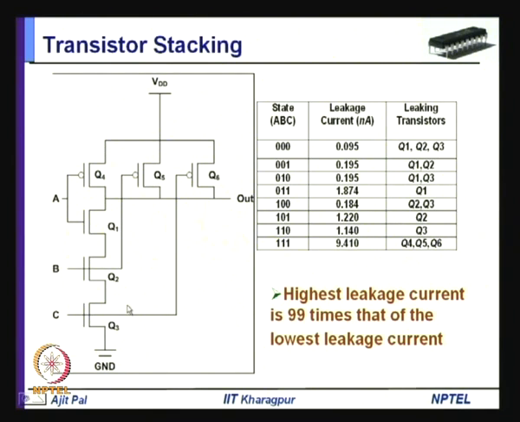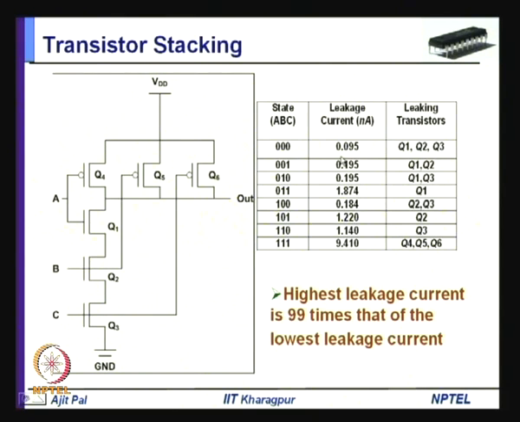Say for example, here we have a 3 input NAND gate and you have 8 possible input combinations starting with all 0 to all 1. You can see the leakage current is varying from 0.095 nanoampere to 9.410 nanoampere. So, when all these transistors are on, the leakage current is maximum, and when all the transistors are off, leakage current is minimum.